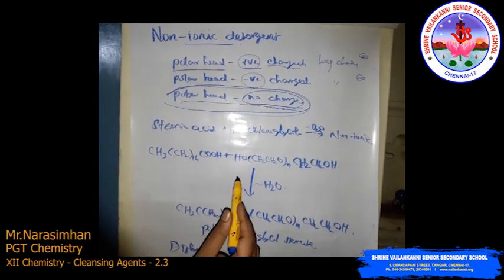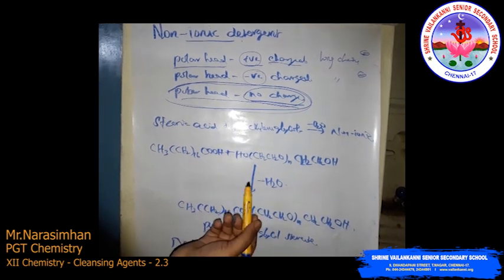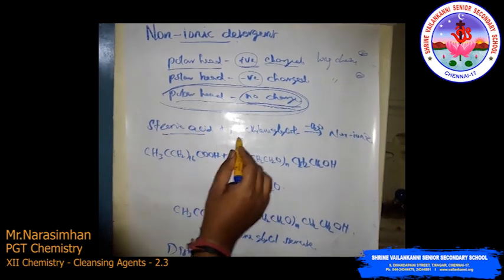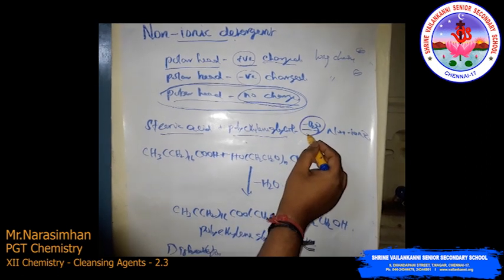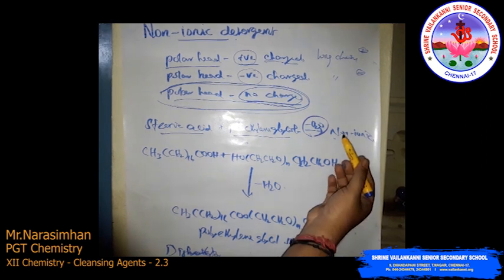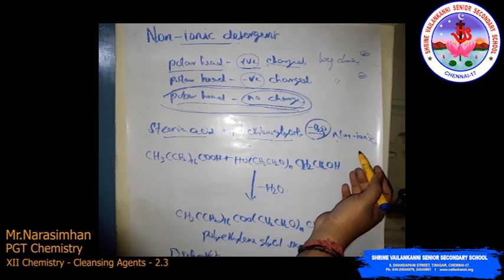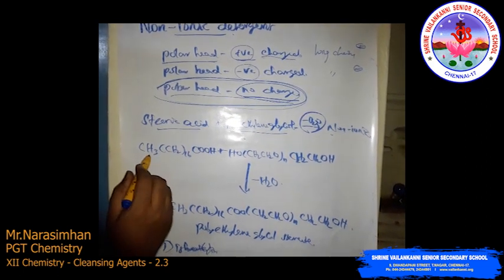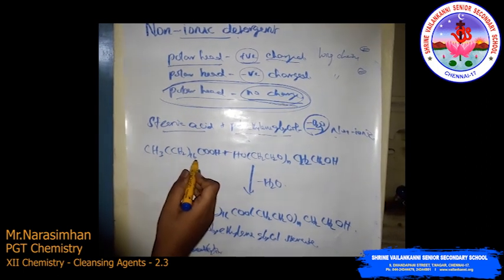An example equation for non-ionic detergents: stearic acid reacts with polyethylene glycol. With removal of water, you get the non-ionic detergent called polyethylene glycol stearate.